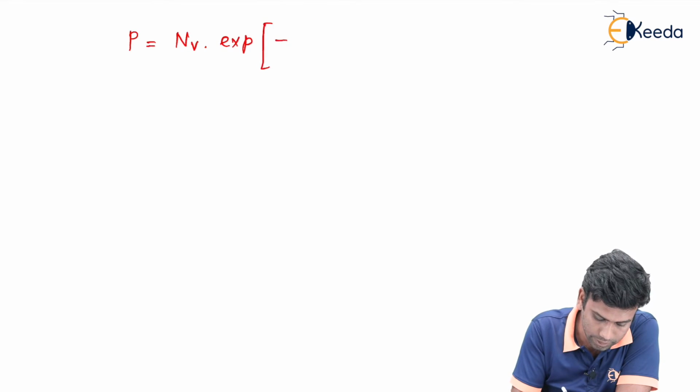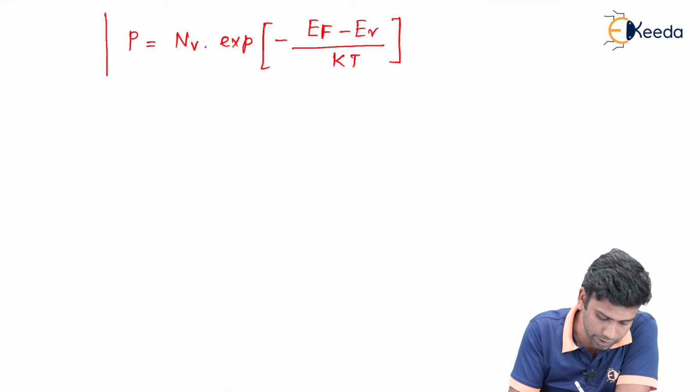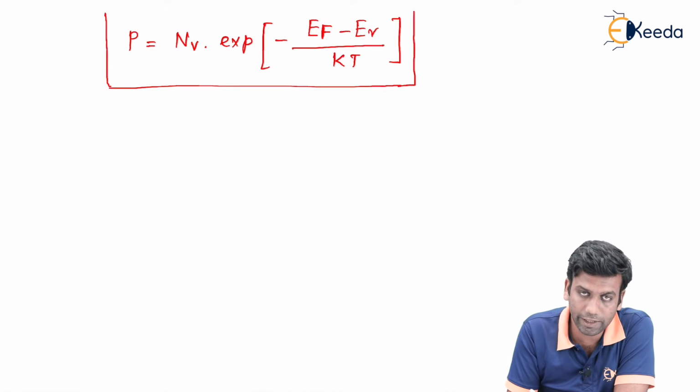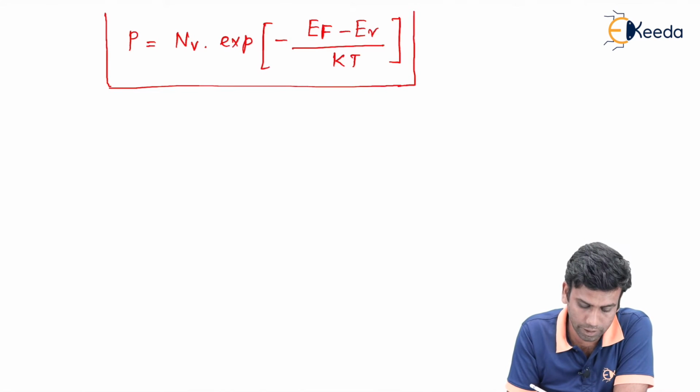So after putting all the values, we get P is equal to NV into exponential of minus (EF minus EV) divided by kT. So this equation will give the hole concentration of the valence band inside the intrinsic semiconductor.